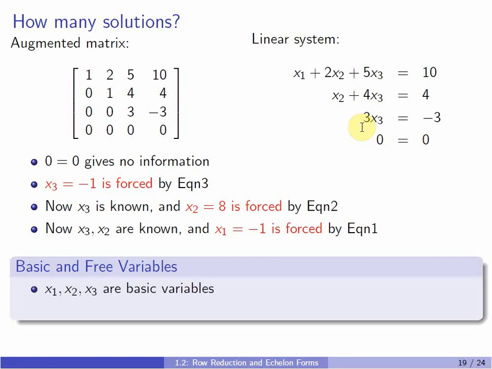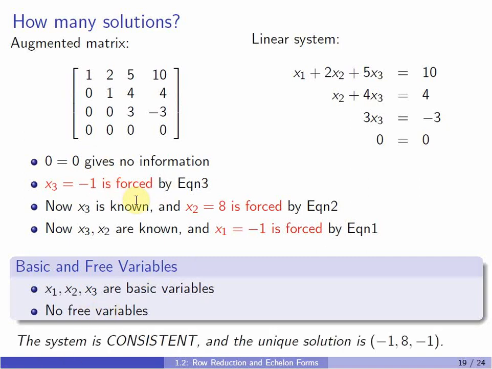And so in this example, all 3 variables are basic variables. There's no free variables at all. Every column that corresponded to a variable, so every column other than the column on the right, was a pivot column, and so there were no free variables. And if there's no free variables, if there's no choices to make, you can see that there's only going to be one solution. Okay, this is a consistent system because there's a solution, but this time there's only one solution.